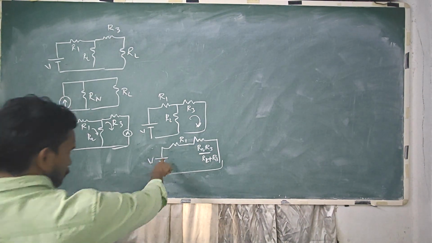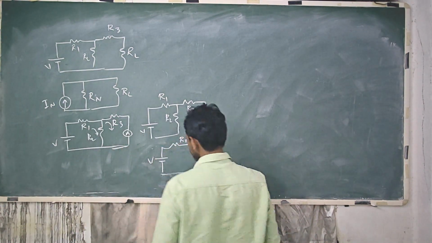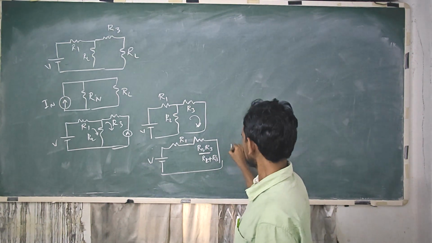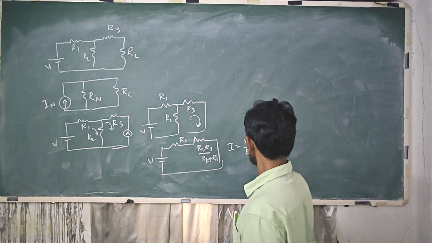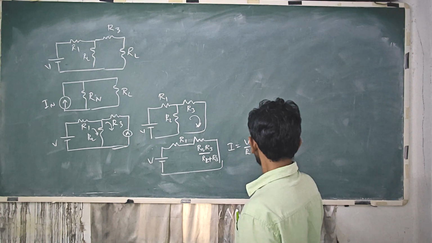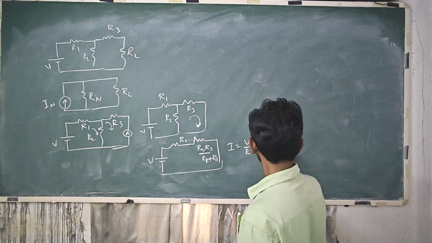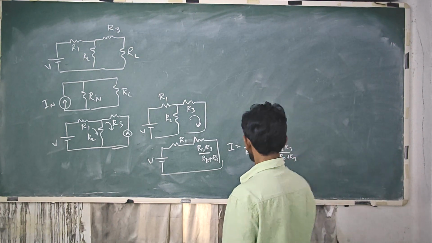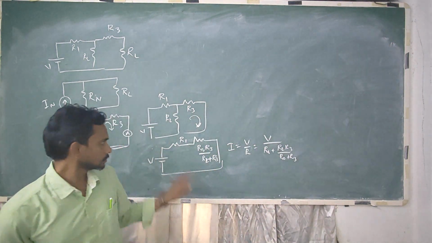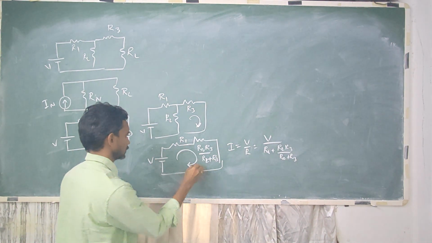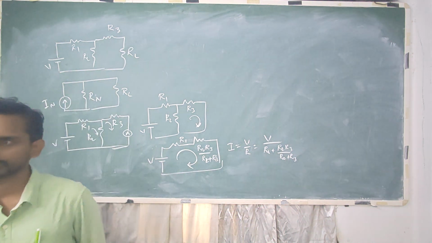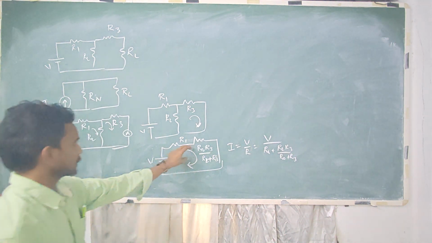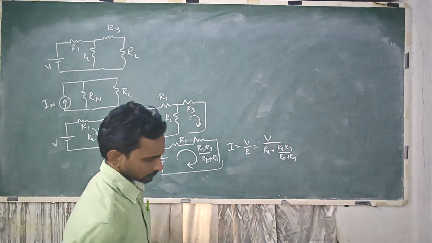So what is the current through this? V equal to IR, so I is equal to V by R. So V by R1 plus R2 R3 by R2 plus R3. That is the current through this entire loop. Now this current is divided between these two.